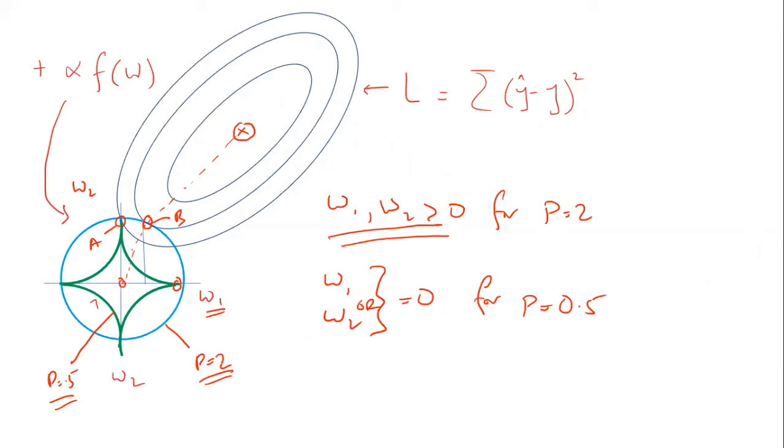Because of the structure, because it's concave, as these circles become bigger and bigger, it's going to intersect either over here or over here, depending on where it is. So for example, if you had these concentric circles somewhere over here, it's probably going to end up intersecting this point over here. Can people see that?